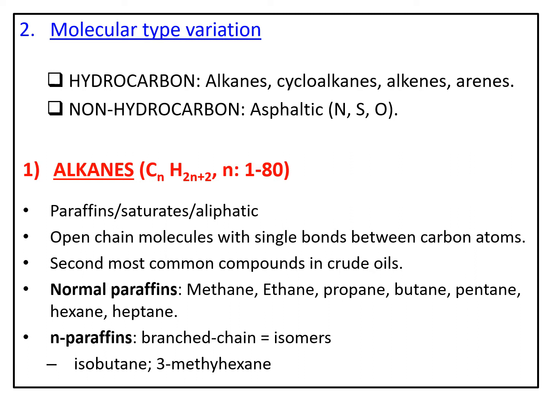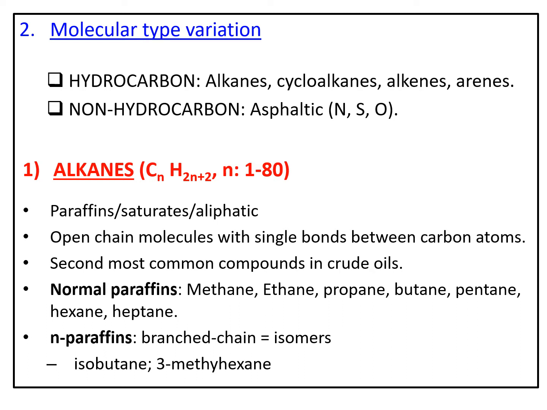These types of hydrocarbons are the second most common compound found in crude oil, in which paraffins dominate the gasoline fractions in the crude oil and are the oldest hydrocarbons, mostly occurring in deeply buried reservoirs. So it has two types, which are called normal paraffin or n-paraffins, and isoparaffins.